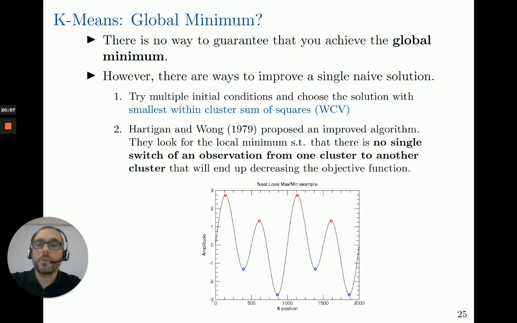They look for a local minimum such that no single switch of an observation from one cluster to another will decrease the objective function. It's a little bit more complicated, but it's another way of implementing a better solution. I like the first one. I think it's natural, and with computer power, with parallel computing, it's very easy to implement.